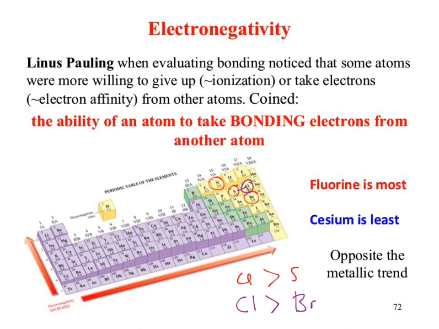Chlorine is less, or sulfur is less than chlorine, bromine is less than chlorine. What is the relationship between bromine and sulfur? They're both less than chlorine. Which one's more? The hands up is exactly the response you should be getting. I have no freaking clue.